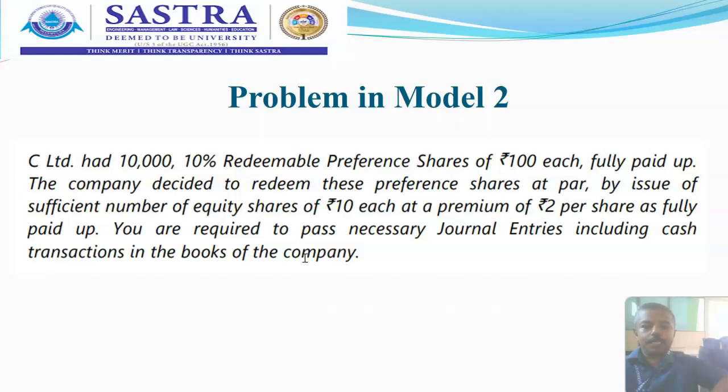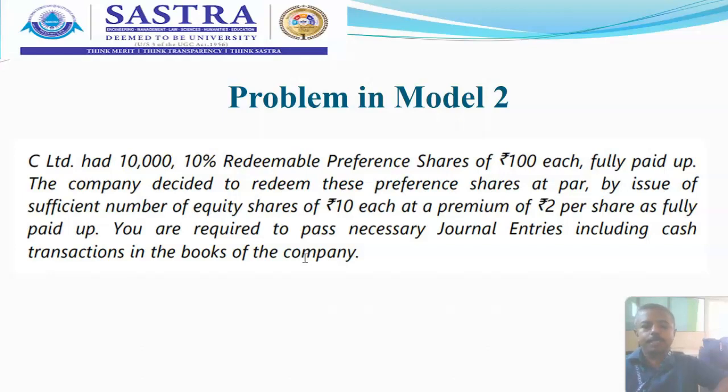Some students will get confused that the premium amount needs to be used for redemption. No, it's not needed. So don't get confused with that 2 lakhs. That 2 lakhs will be maintained in the balance sheet of the company even after redemption.